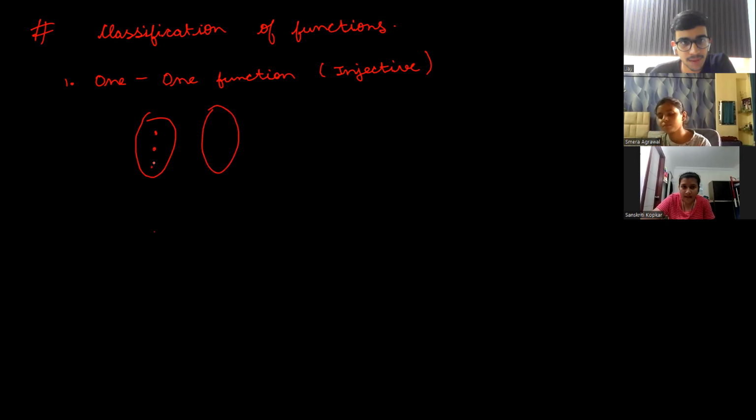So as the name suggests, one-to-one functions are हर element किसी एक element से connected है, ठीक है? हर element किसी 2 element से connected नहीं है, हर element केवल एक element से connected है.